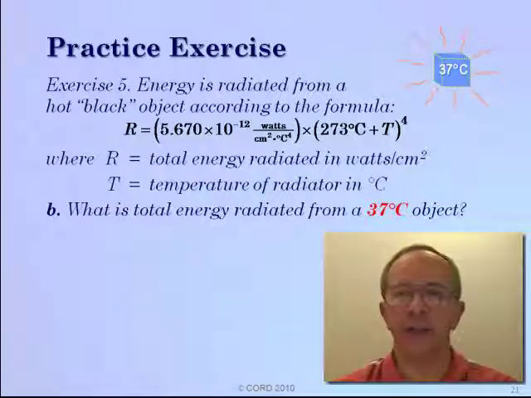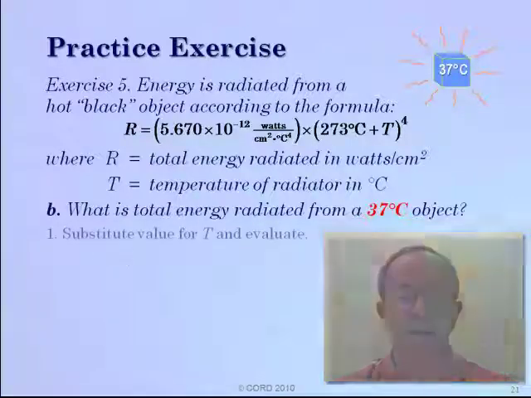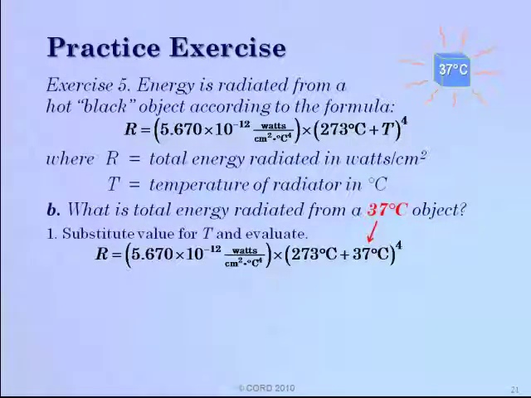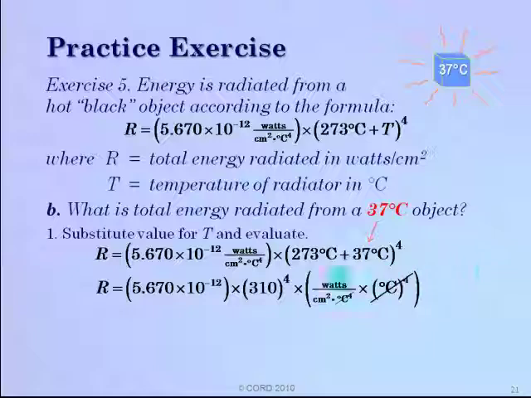Second part of exercise 5 asks us to do the same thing with a 37 degree Celsius object. So again, we'll substitute those values in. The 37C goes right in where the T used to be, and that's going to all be raised to the fourth power, so we'll have 310 raised to the fourth power, and again the Celsius units cancel nicely.